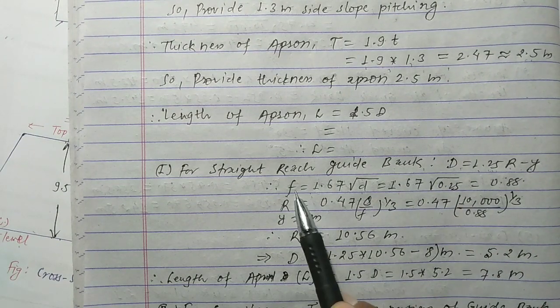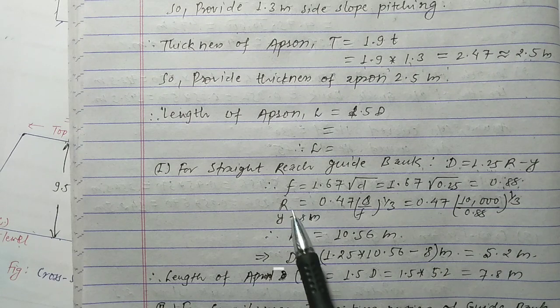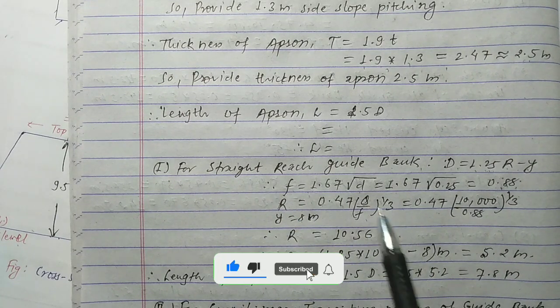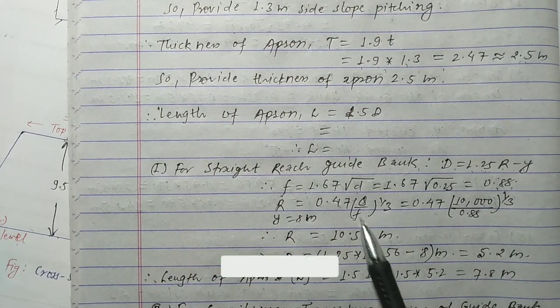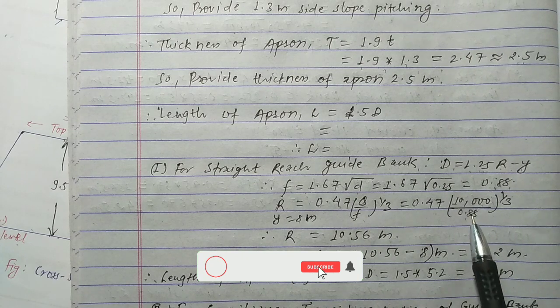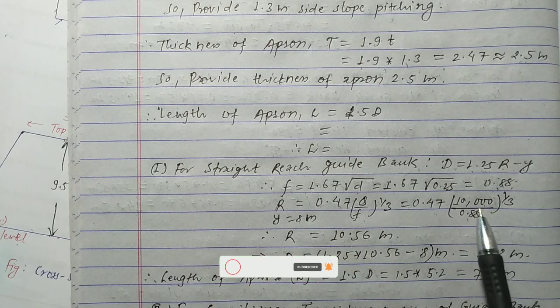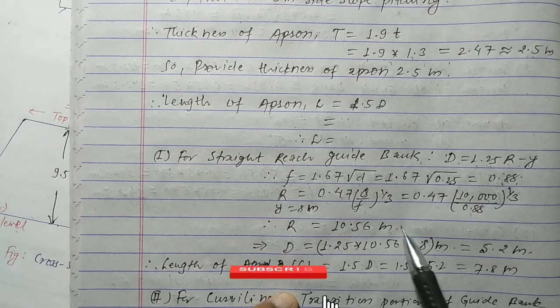So the silt factor f becomes 0.88. Now we have to calculate the value of 0.47 root under Q by f to the power 1 by 3, and Q is already known, with f equal to 0.88. After calculating, this value becomes 10.56 meter.